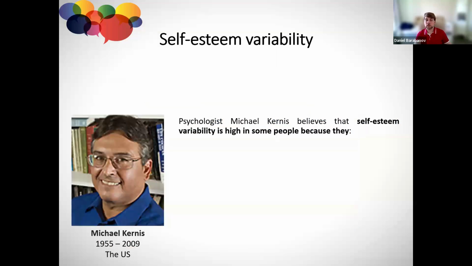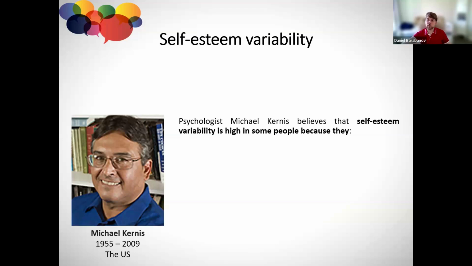Self-esteem varies in different people, and in people in different situations. You also have different periods of your life with different self-esteem. So Michael Kernis believes that self-esteem variability is high in some people.